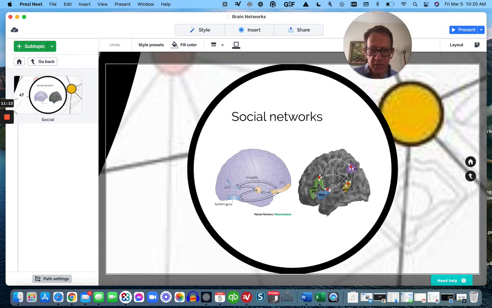Our social network is very important and involves connections of the parietal superior temporal sulcus, the fusiform gyrus, the amygdala, and the orbital frontal cortex in a looping system that provides input back and forth, with the orbital frontal cortex being important for controlling our emotional reactions and behavior in these social situations.